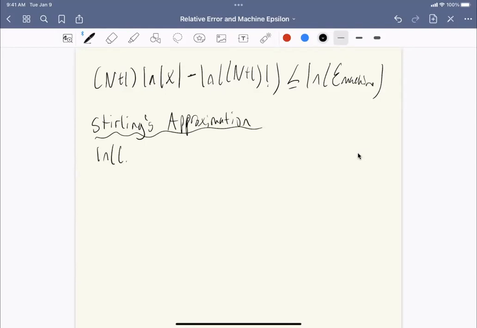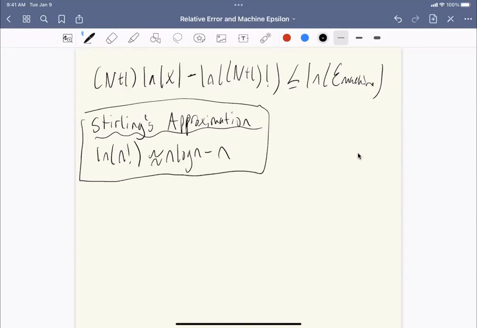So we have Stirling approximation. I'll do this for the general case. The natural log of n factorial is approximately equal to n times log n minus n. I'll box that. So using this, we can simplify this term here, right?